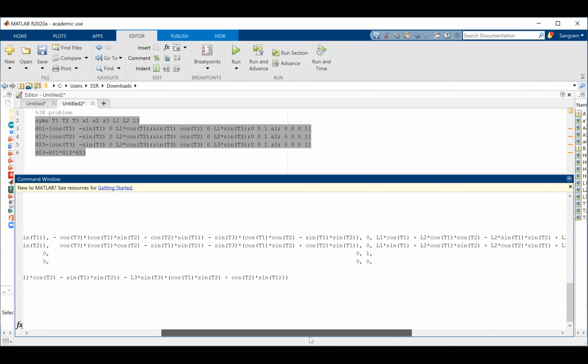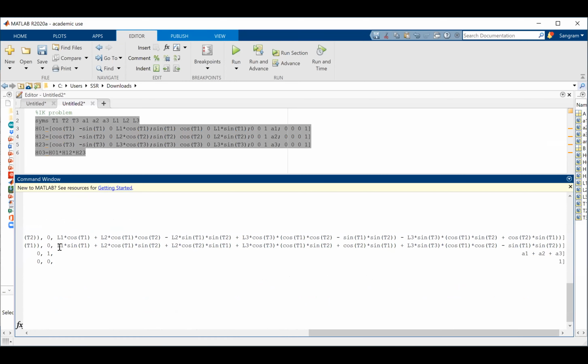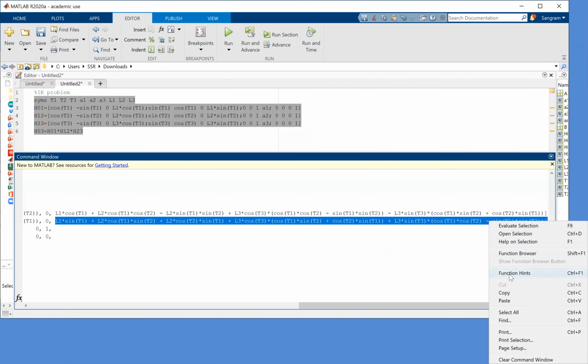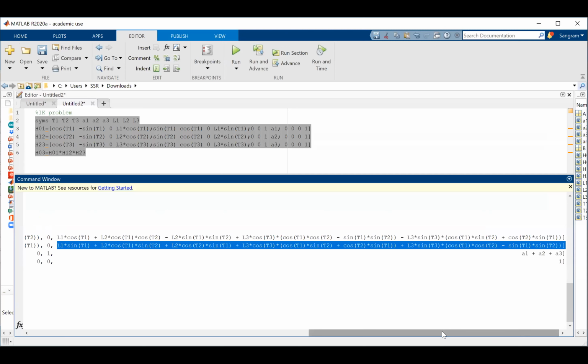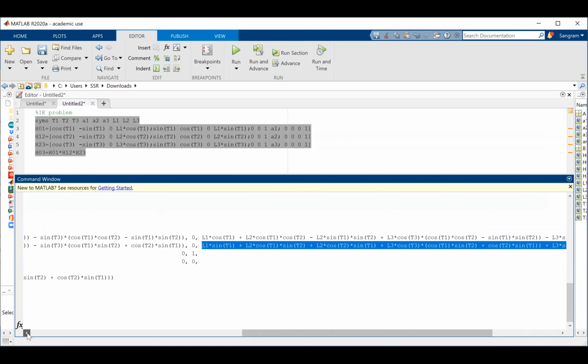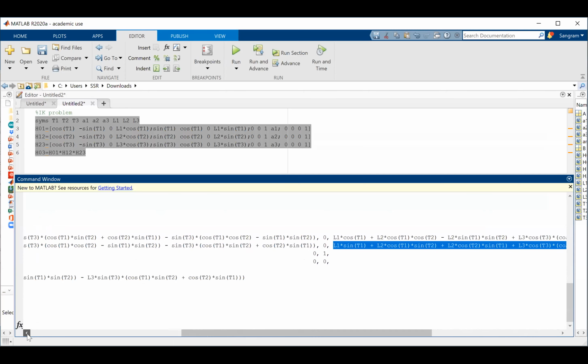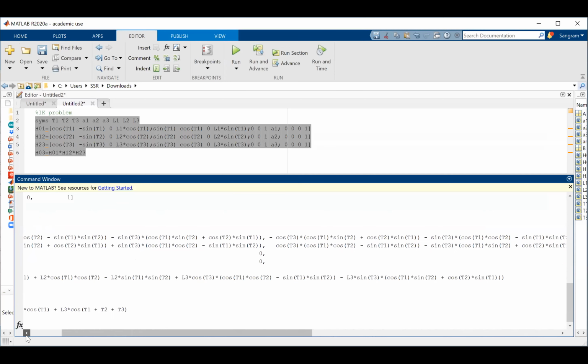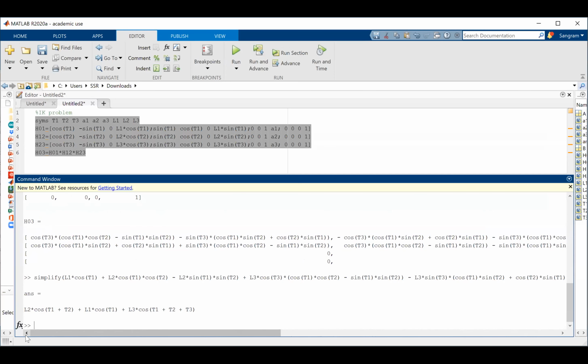Now I'm going to take the second expression. Copy. And then I'm going to try to simplify this too. So I would say simplify.